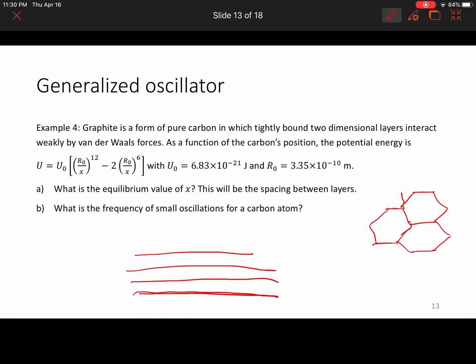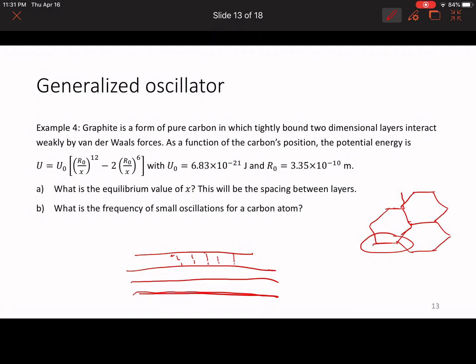But each of these layers is actually very weakly coupled to the layer above. The intralayer couplings are covalent bonds, the very, very strong bonds that you've certainly learned about in chemistry. The interlayer bonds are much, much weaker. They're what are called van der Waals bonds.